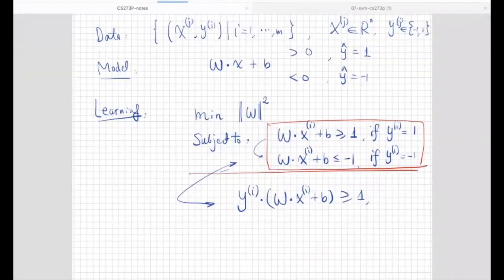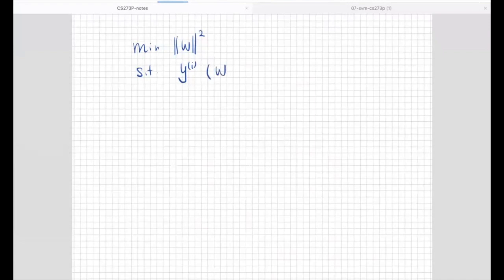So the much simplified notation simply says we're going to minimize the norm of W, subject to the constraints, compactly written as yi times (w dot xi plus b). This is a score.